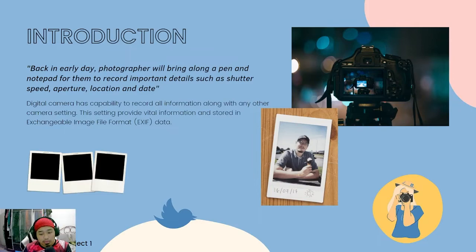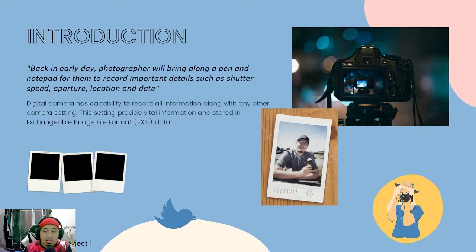Normally, after they got the film, they would take a pen and note down all the details they saw or did when they took the pictures. For example, they would jot down their camera settings, such as the aperture, the ISO, and the shutter speed, because they wanted to know which setting was for which picture.